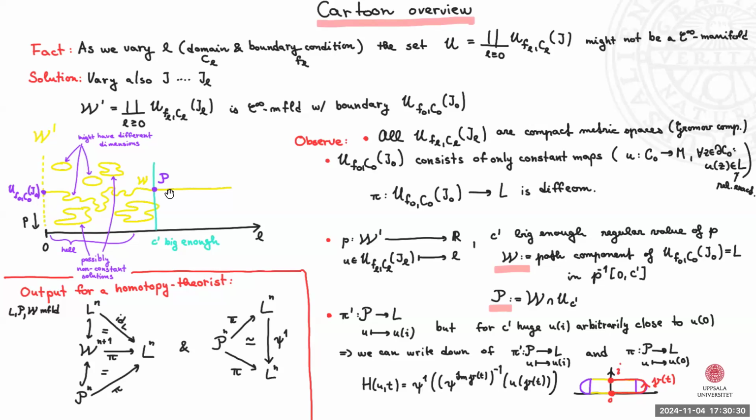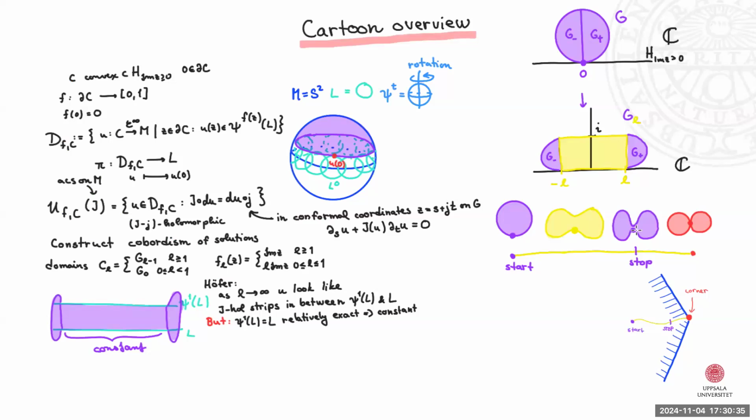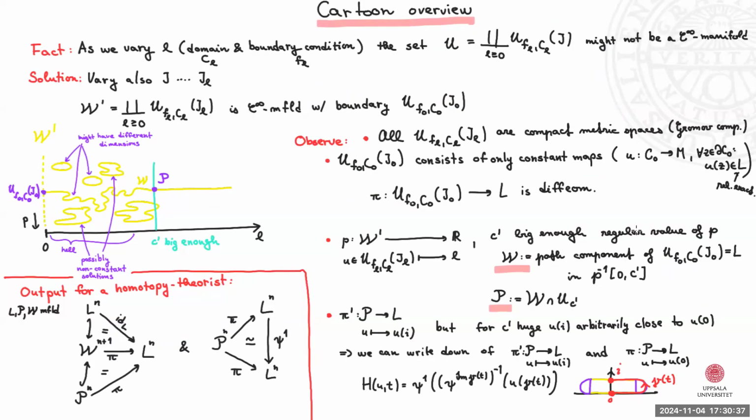But as you increase your C big enough so that this is almost pinched, it looks really nice, and you actually get a manifold P, which is nice. Let me say this more properly. By some form of Gromov compactness, though you don't need the whole package, you can prove that every one of those slices is a compact metric space.